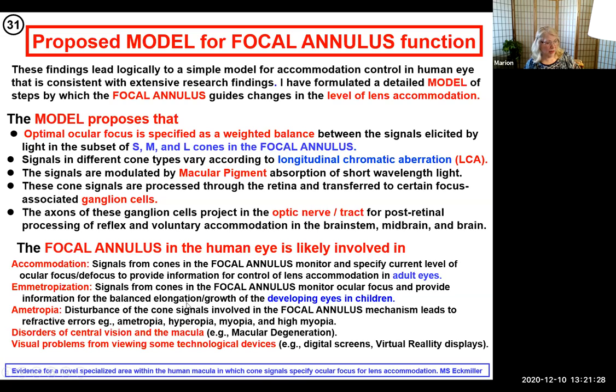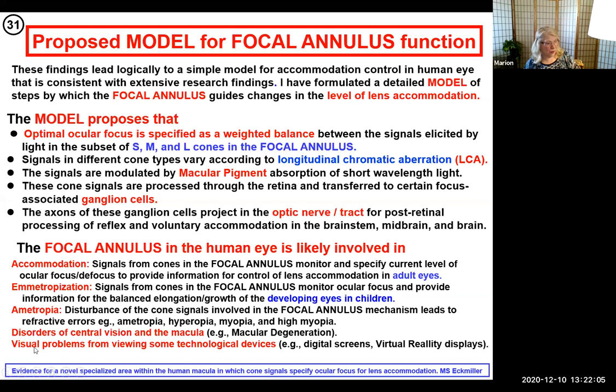Because the focal annulus is in the macula and it involves macular pigment, it's quite likely that disorders of the focal annulus may result in disorders of central vision and the macula, such as macular degeneration, which causes looking with the macula to give blurred, distorted lines, as you would expect if the cones are not well aligned.